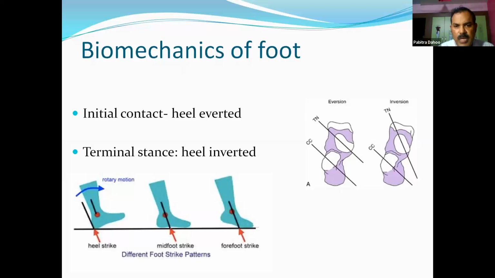Whenever this mechanism is disturbed, it gives rise to an abnormal gait pattern, abnormal load bearing, and abnormal propulsion of the body weight. And in the spastic foot, this mechanism is indirectly disturbed because of the difference of spasticity in the agonist and antagonist groups of muscles.